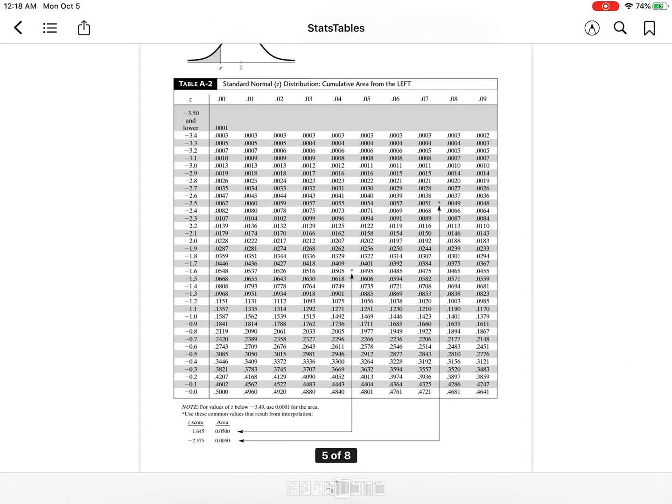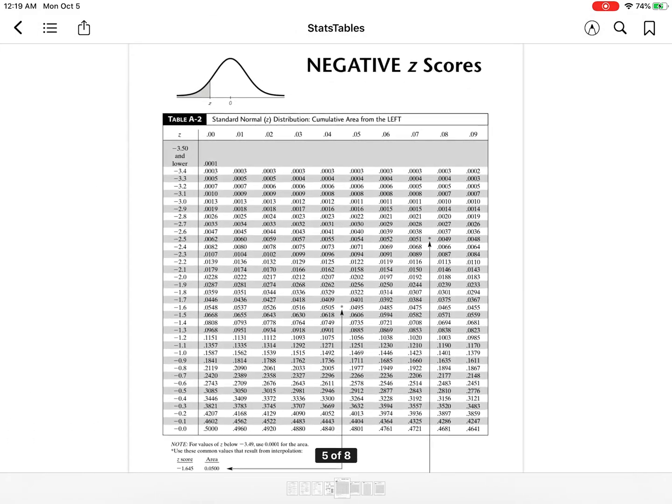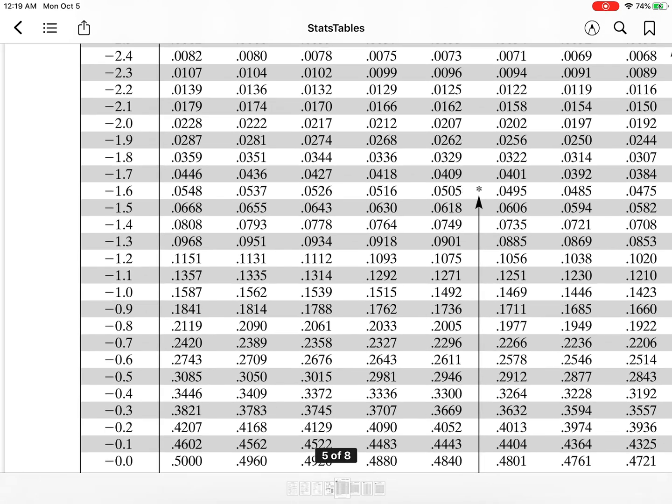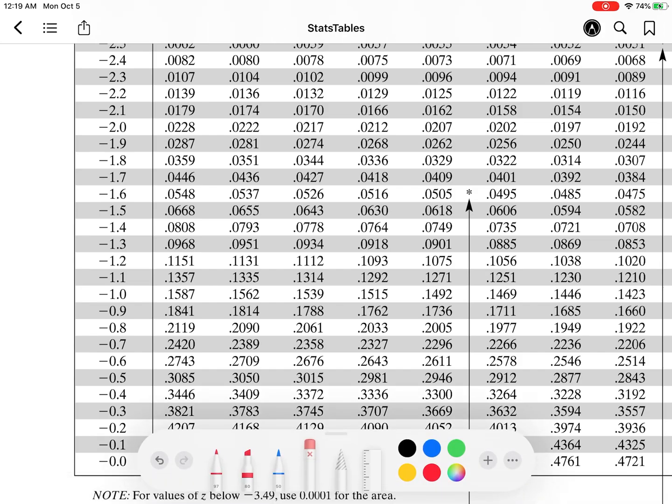Let's see if I can get this to move. Okay, it's moving. So where's my negative table? Is this the negative one? No, that's the positive one. Let's go the other direction. Okay, there's a negative one, right? We said we're going to look up negative 0.73. And if we look up negative 0.73, we'll immediately get the area to the left of that. So here we are.